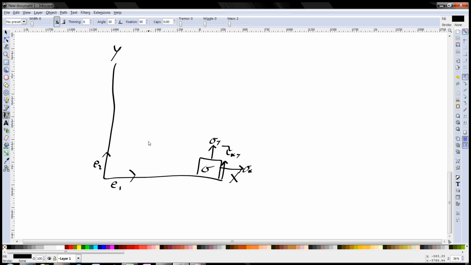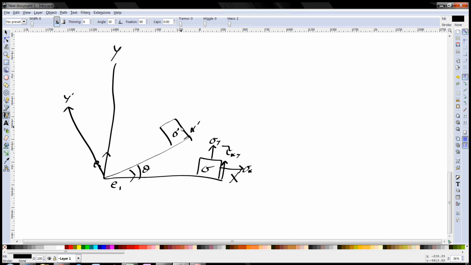Now, if we establish a new set of axes that is rotated from the original, call it X prime and Y prime again, rotated some angle theta, our stress rotates along with it, and this is the new way to denote our stress given the new coordinate system.